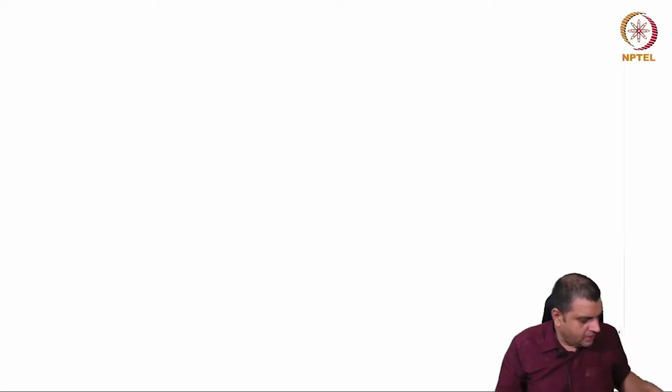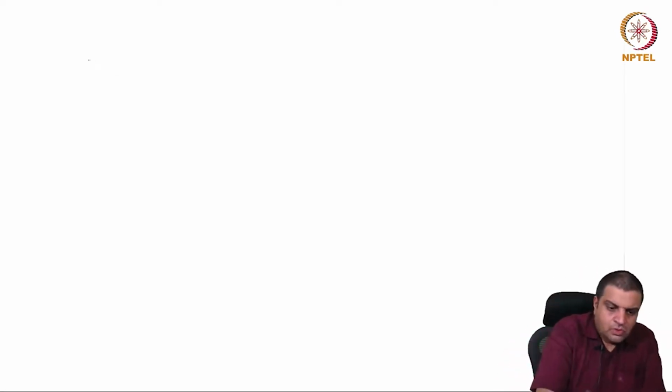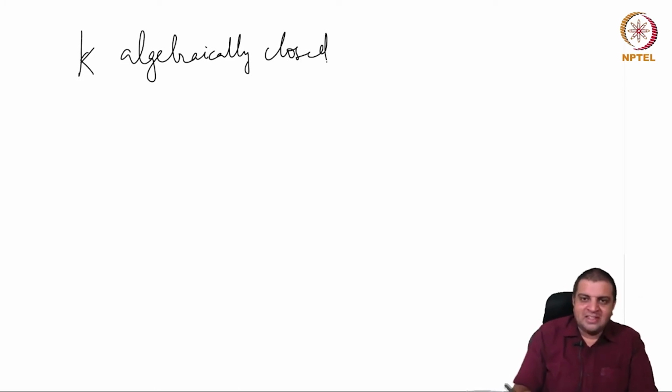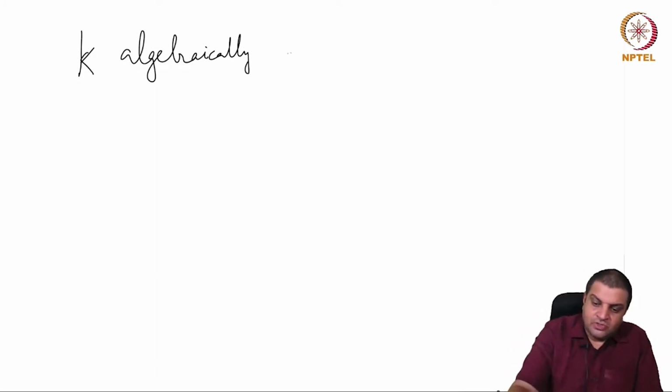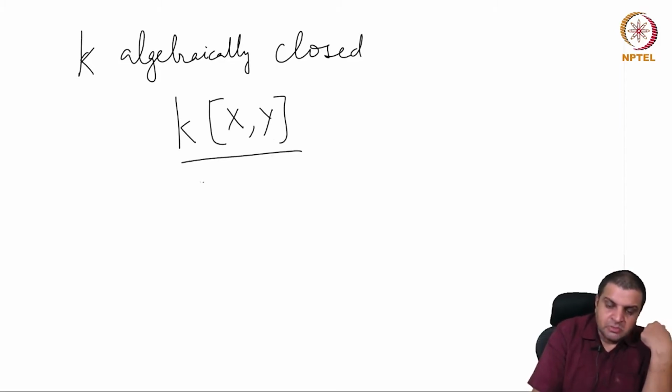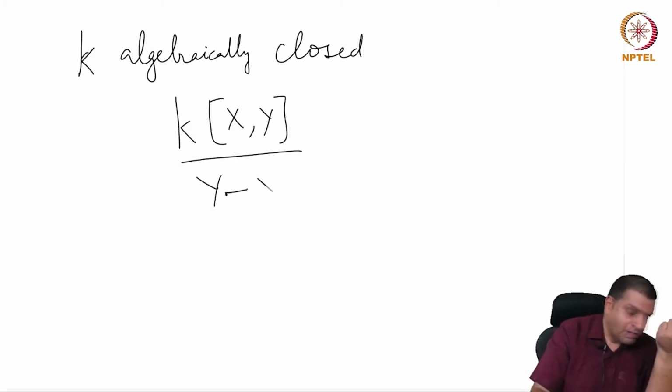But let's try to understand this using some pictures nonetheless. When we think about pictures, we will think of K as algebraically closed, although we will draw pictures thinking that it's the real numbers. Now we can ask, let's take a simple enough equation, y minus x squared.